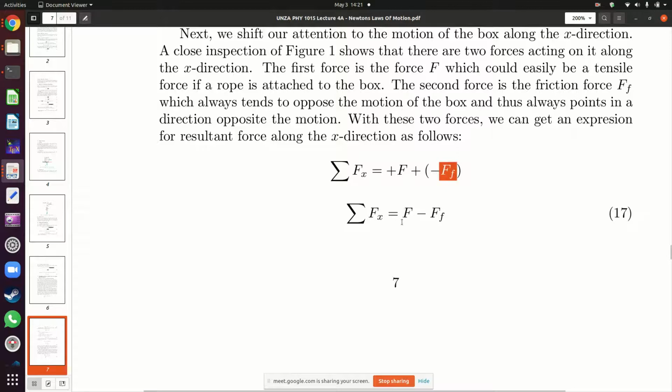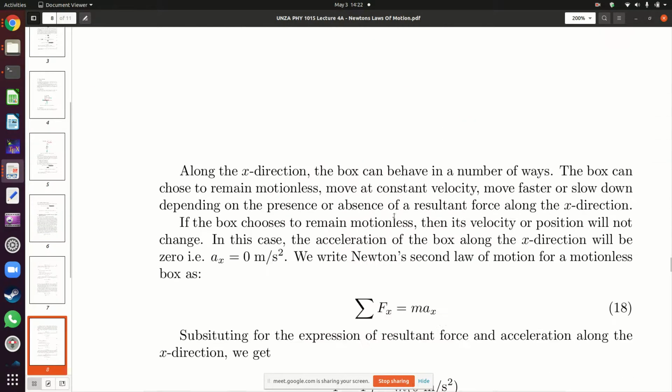This gives us the pull force minus the friction force. Are we clear? This is the resultant force along the x-axis. It is made up of the force which is pulling the box minus the force which is opposing the motion of the box, the friction force.